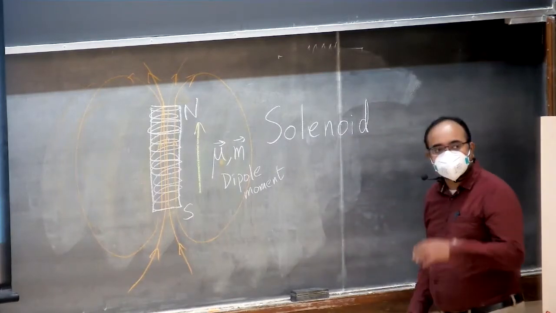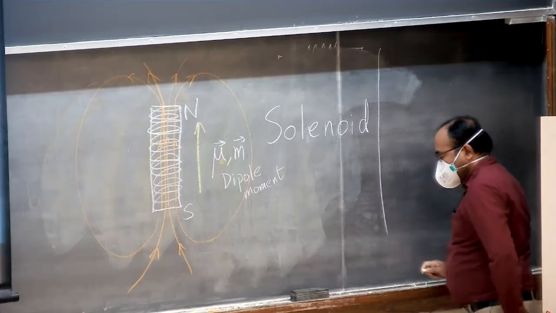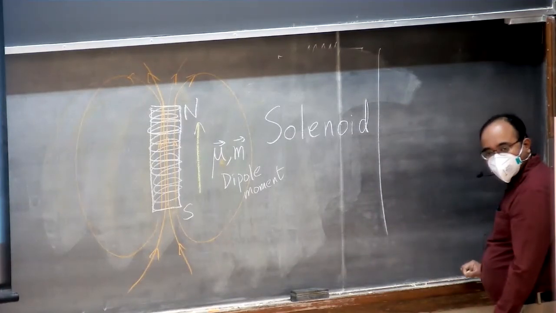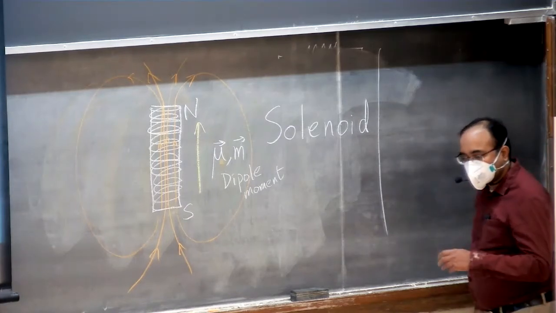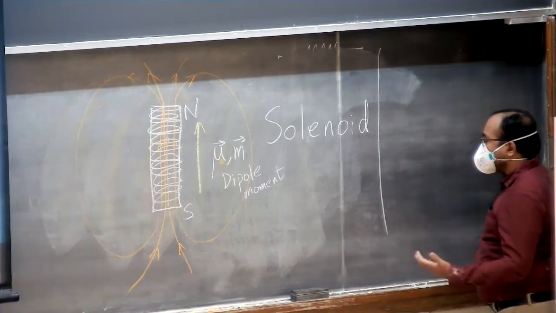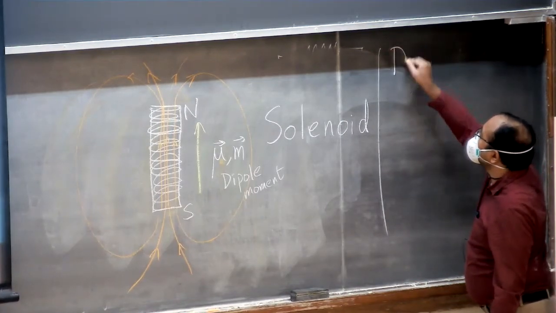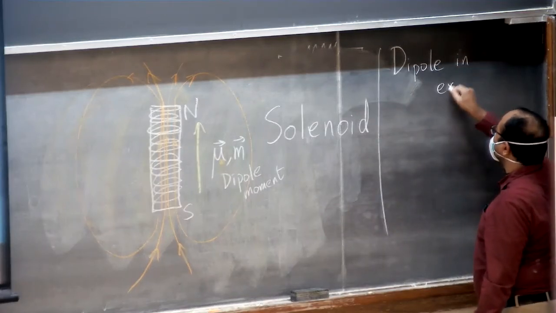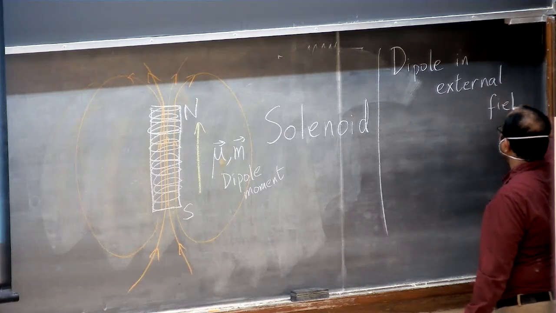So if you place a dipole in an external field, what did we talk about when we were dealing with electric dipoles? We talked about the potential energy of the dipole in an external field and the torque of a dipole in an external field. So this is for a dipole in an external field.